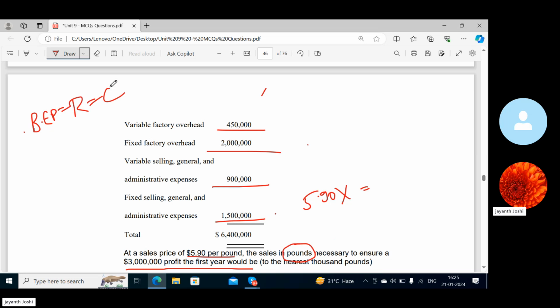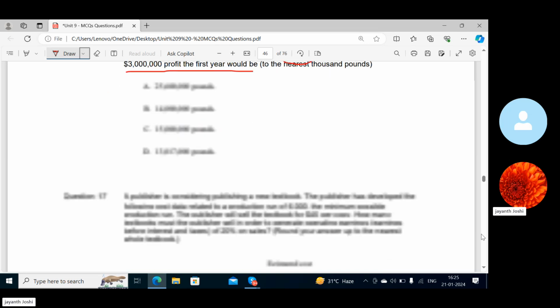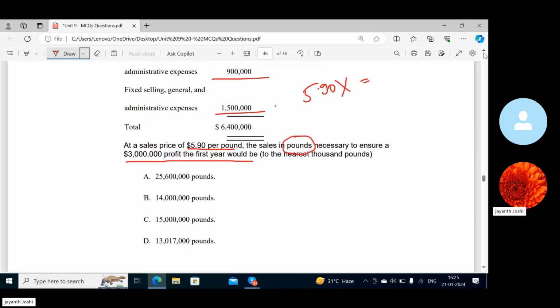They have given some desired profit, 3 million, this much profit for the year, correct? So if this is the desired profit, this should be treated as fixed cost, because they need to recover this.